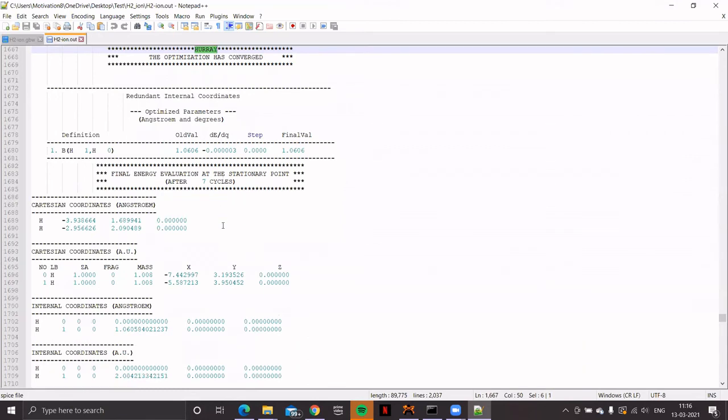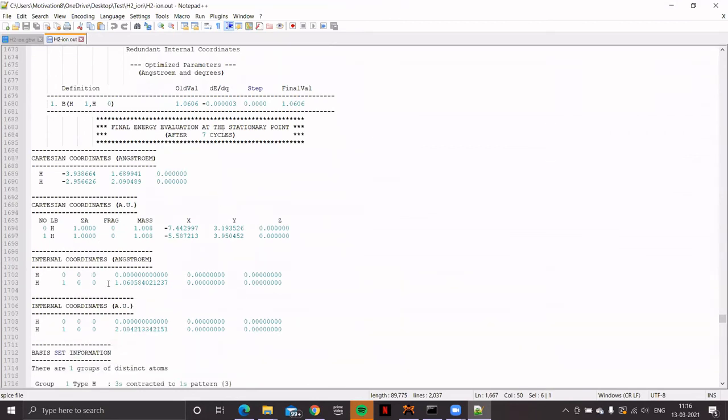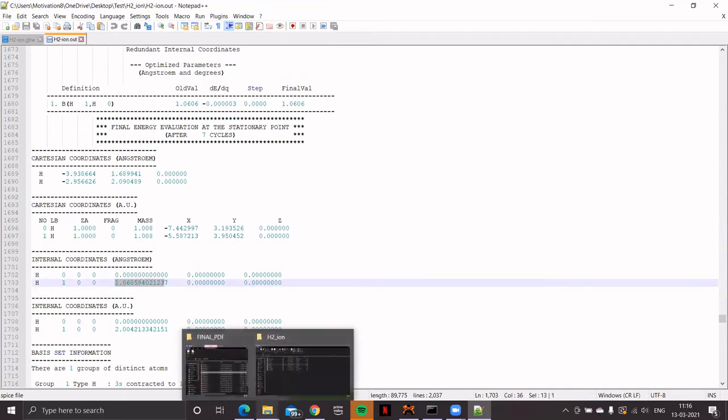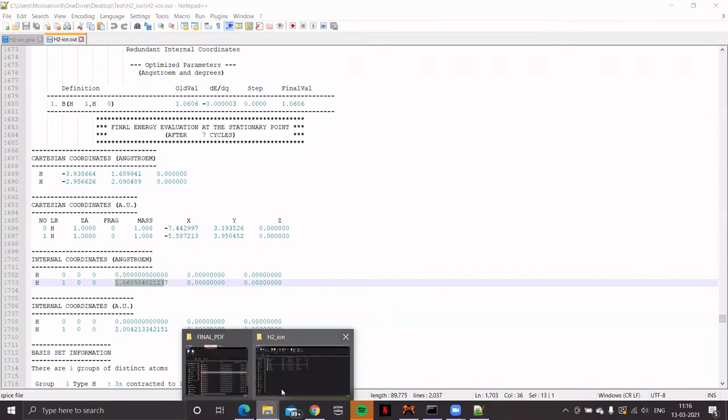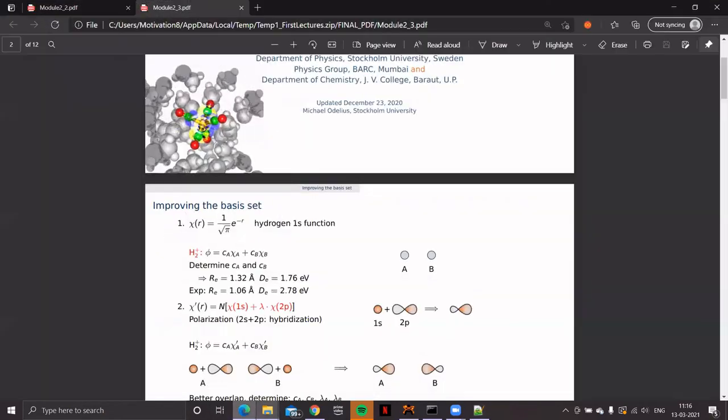And that final information is the bond length. They're saying that in internal coordinates, the bond length is 1.06 angstrom. Let me see what the experimental value was. So we started with H2. Now let me see what the experimental value was.